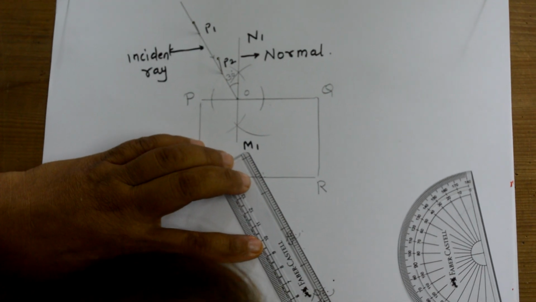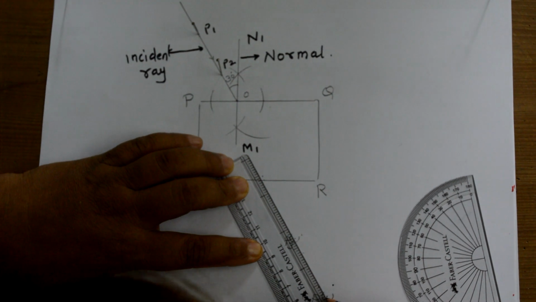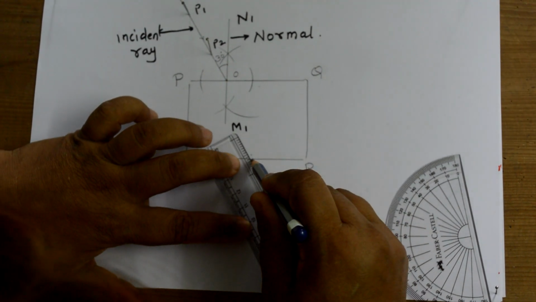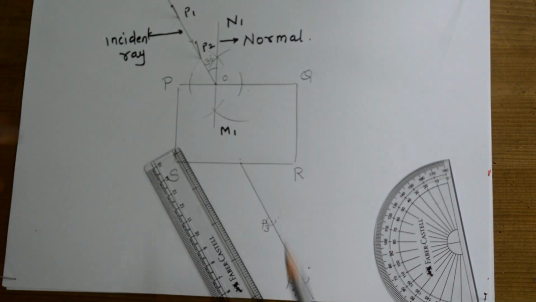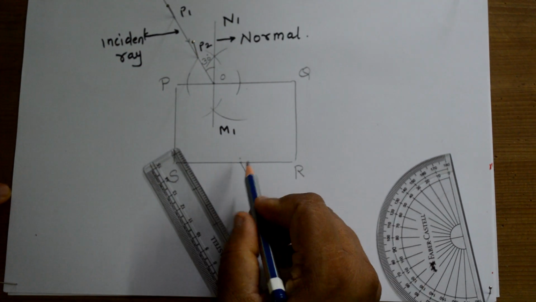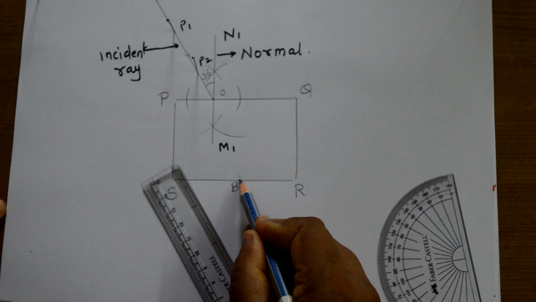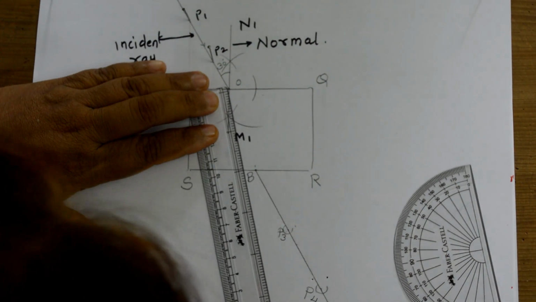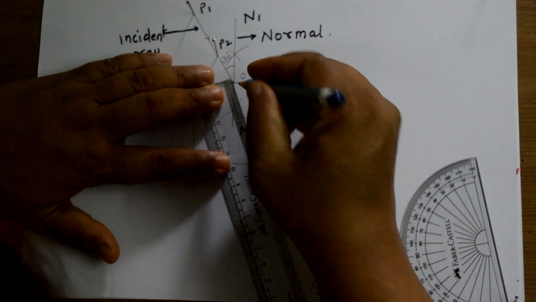Extend the line, join those points and bring that line up to line SR. Label this as B. Now join line OB very carefully.